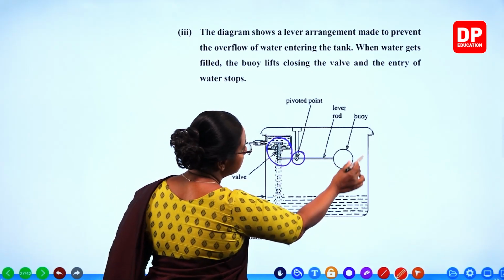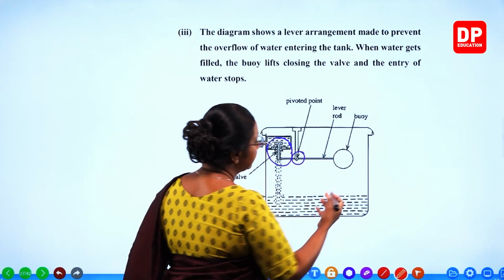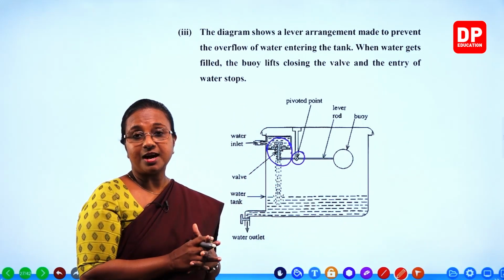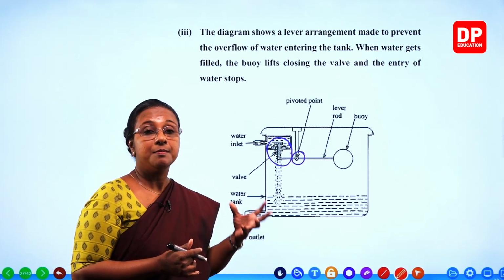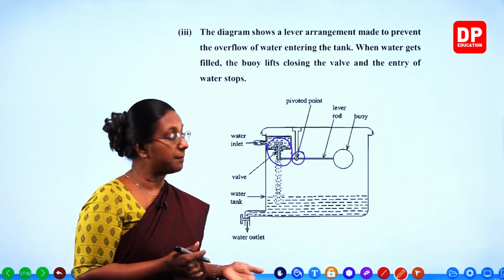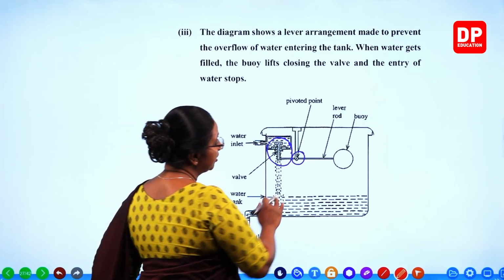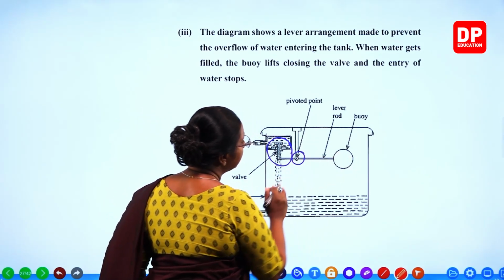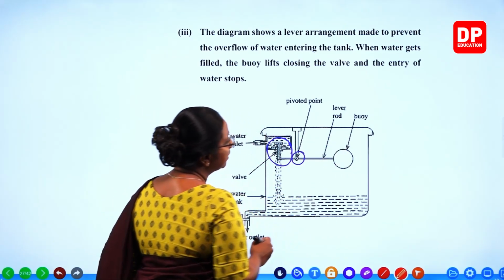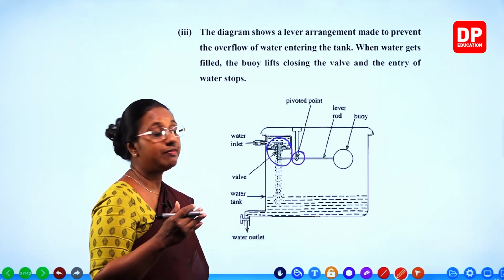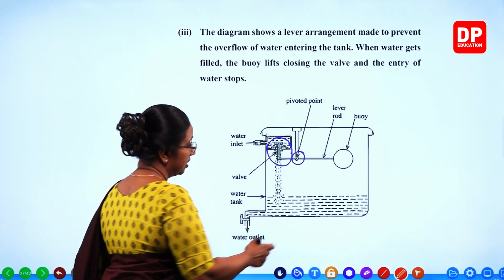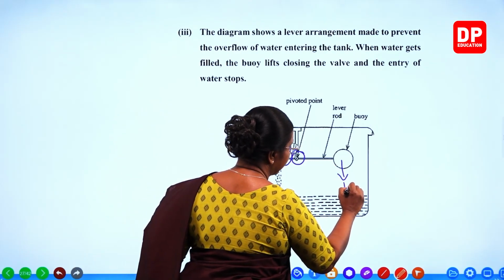Then the lever rod is connected to the buoy, that is like a spherical structure that is not very heavy, but it can move up and down. At the moment, of course, it is supported by the lever rod and the mass of the buoy will be acting down. That means the weight of the buoy will be acting downwards.